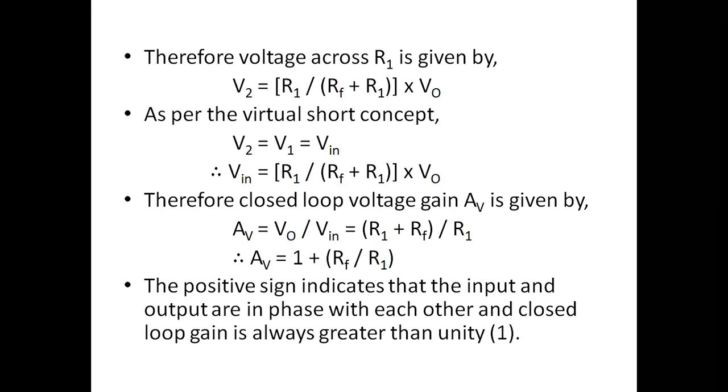But we are aware of the virtual short. According to the virtual short, we say the input voltages V1 equal to V2. Both are shorted, so both inputs have the same voltage. So here we have the equation for V2, and we can take that equation for Vin.